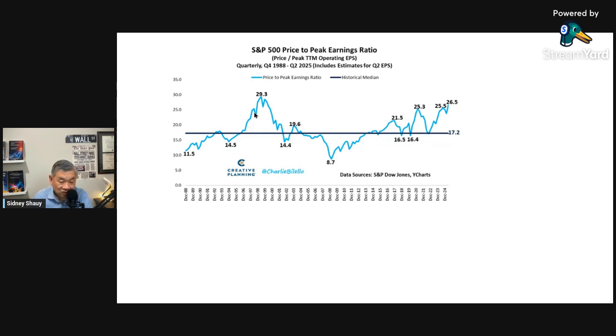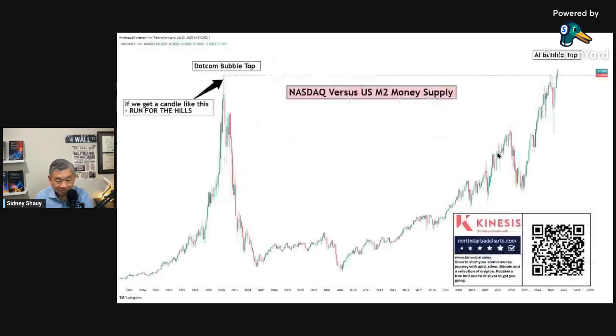Getting close to what we had in the 2000s, and we all know what happened there, right? So it's another suggestion that a big correction may be near. Will it be? I don't know. And again, I don't care, right? Because we have the Risk 500. We don't need to care about this. We're going to make money either way.